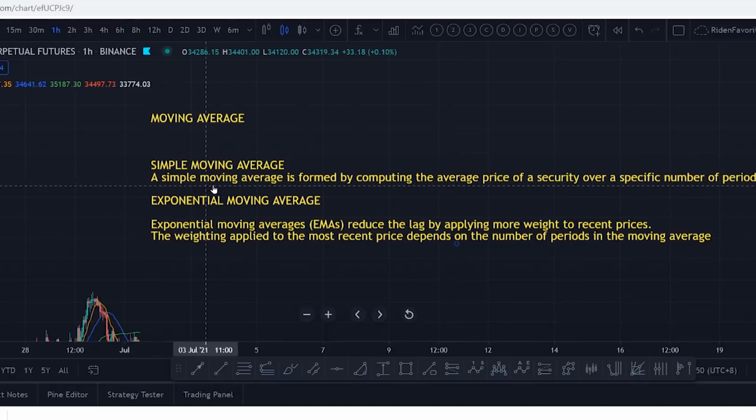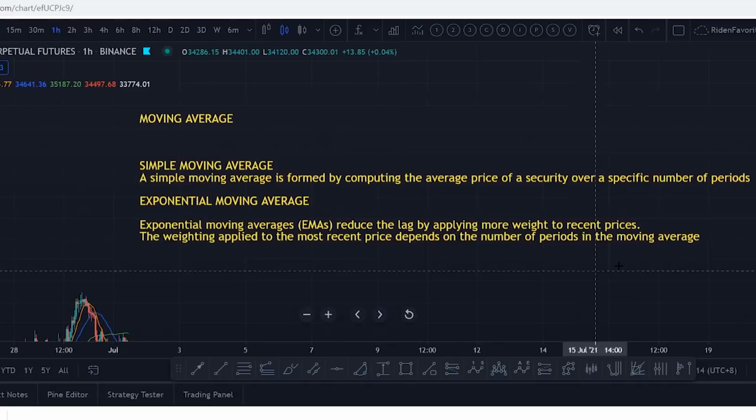Simple moving average is formed by computing the average price of a security over a specific number of periods, while the exponential moving average reduces lag by applying more weight to recent prices. So the weighting applied to the most recent price depends on the number of periods in the moving average. So technically speaking, they are both moving average. The only thing is exponential moving average is a little bit faster.